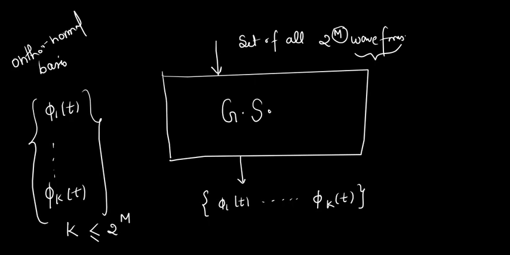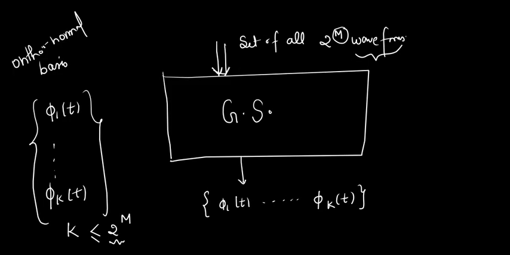So, k can be either equal to 2 to the power m or less. You understood my point? So, the Gram-Schmidt procedure gives you the minimum number of orthonormal bases which can be used to represent all the possible given waveforms.